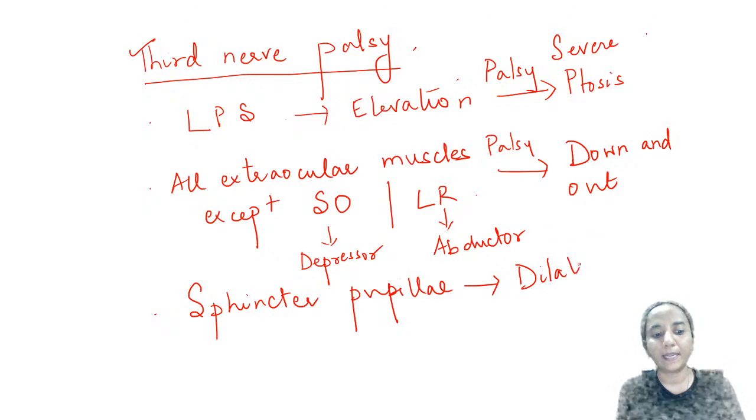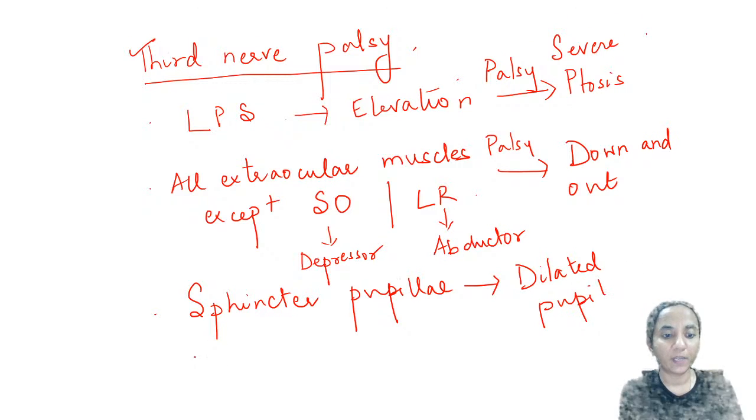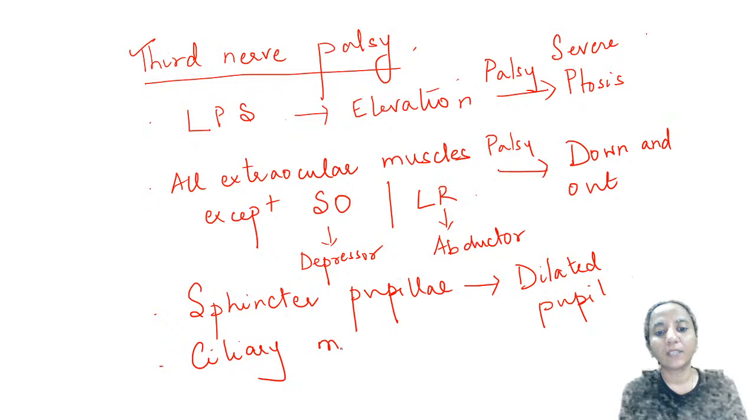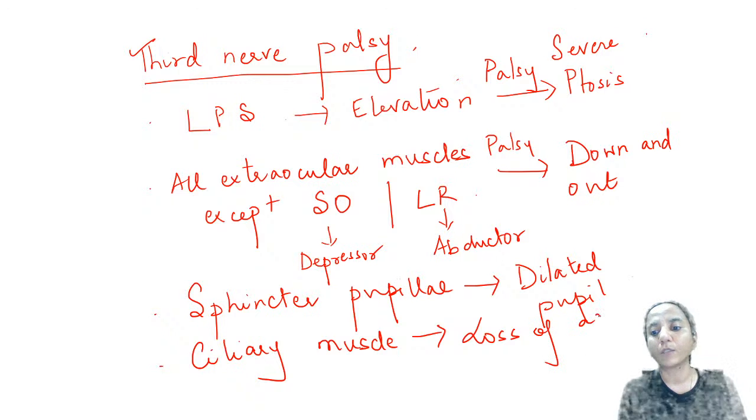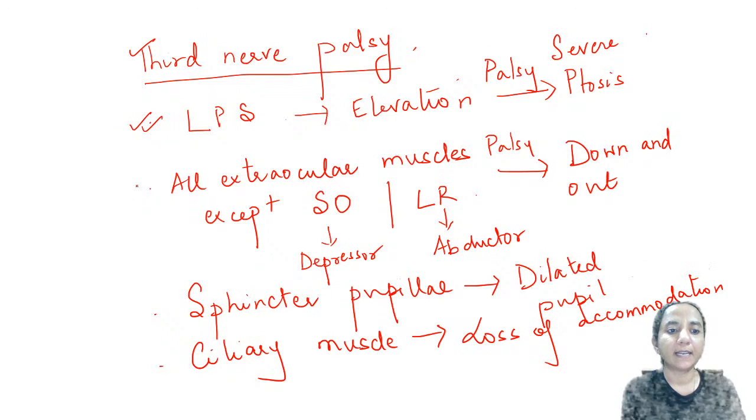That is, you will end up with a dilated pupil, and it also supplies the ciliary muscle. The ciliary muscle is responsible for accommodation. So in third nerve palsy, there is going to be a loss of accommodation, right? So these are basically the features of third cranial nerve palsy.